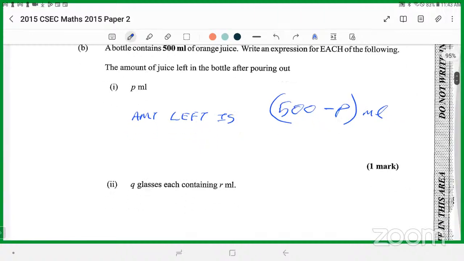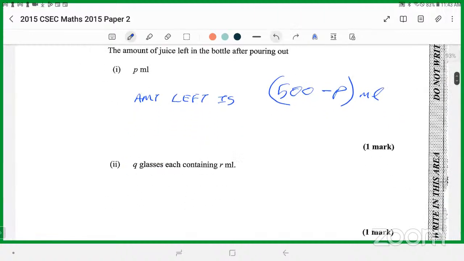Next part. Q glasses, you pour out Q glasses. Q is the number of glasses that you pour out, each containing R milliliters.